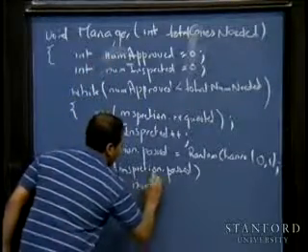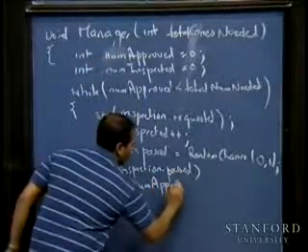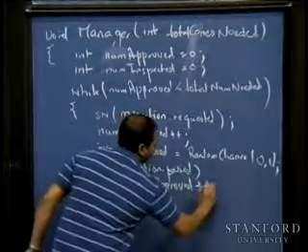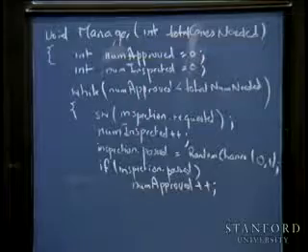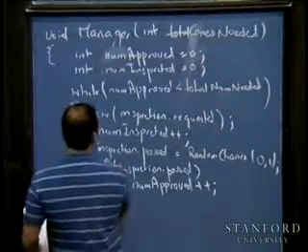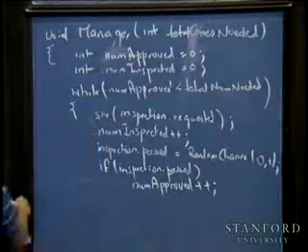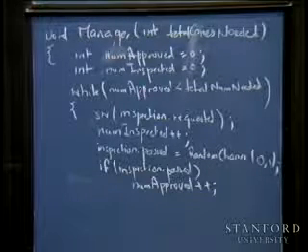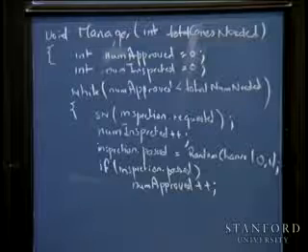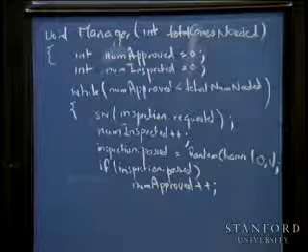So num approved plus plus. Now you finished your inspection, okay? There's nothing else to do, but what you know is that the clerk is potentially waiting on your finished. So you want to signal finished. Any questions? Yeah, go ahead.